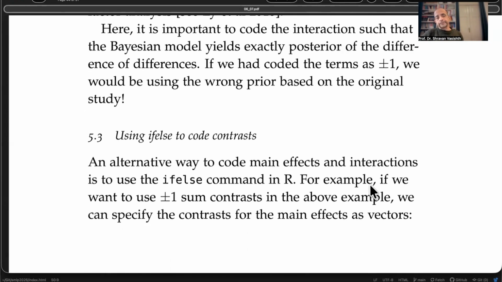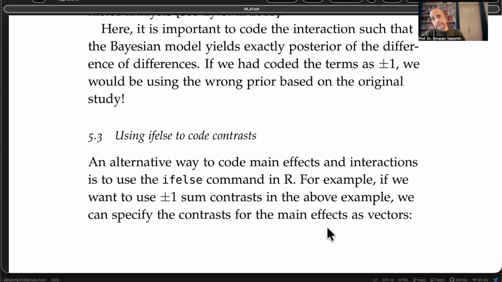Okay, so one last point is how to set up the contrast codings. Once you've figured out what the contrast matrix needs to look like, you can either plug in the contrast matrix into your column containing the factor levels. That's one way, but that's not how I do it.